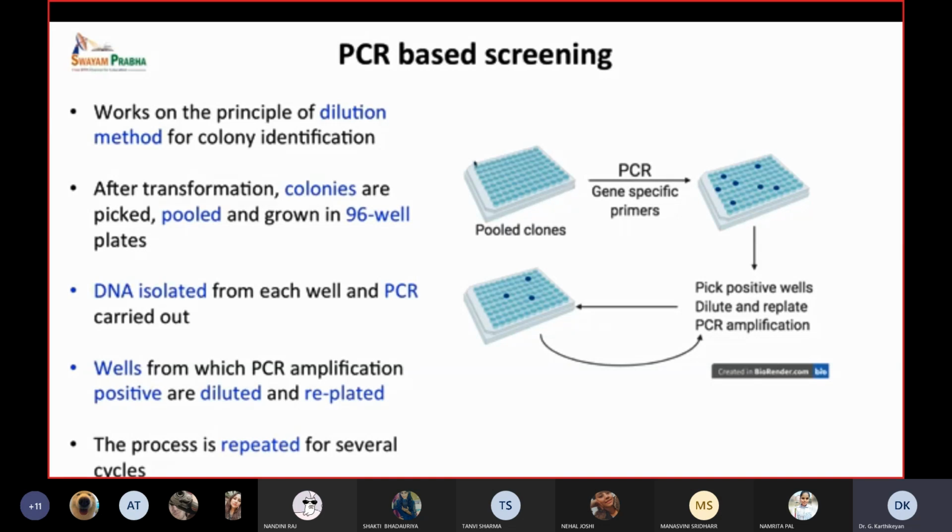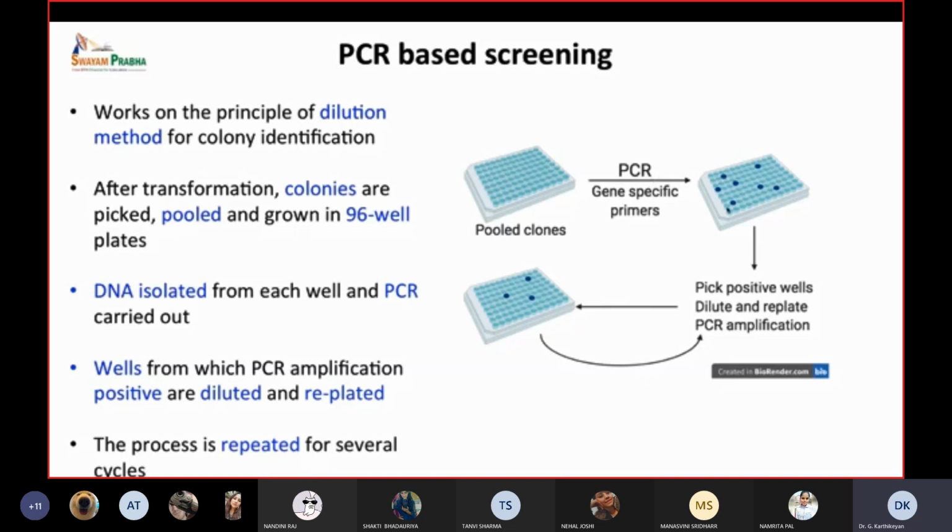Then you isolate the DNA from all these wells and then you do a PCR using gene-specific primers. Now, because of the overlapping nature and because the same fragment may be present in different overlapping clones, you may get a number of different clones which basically are positive in your PCR reaction.